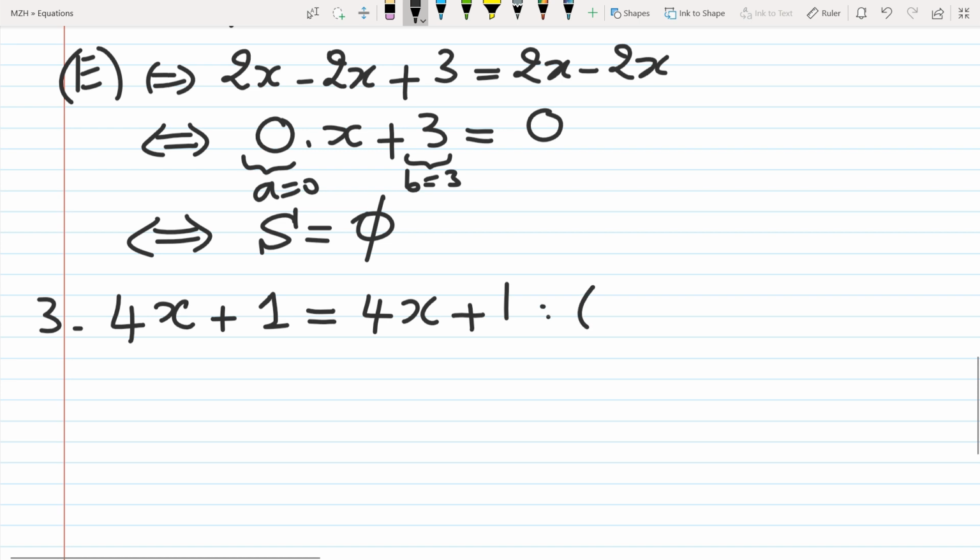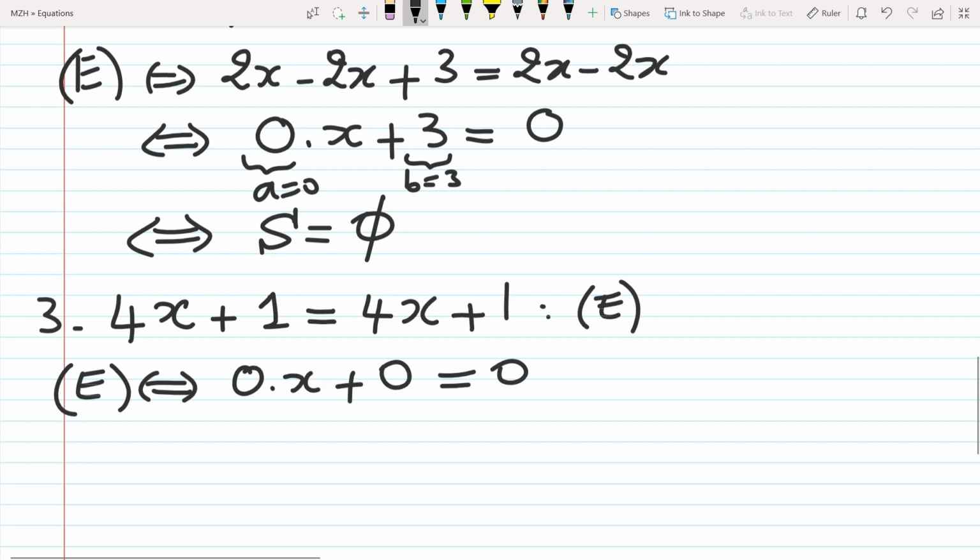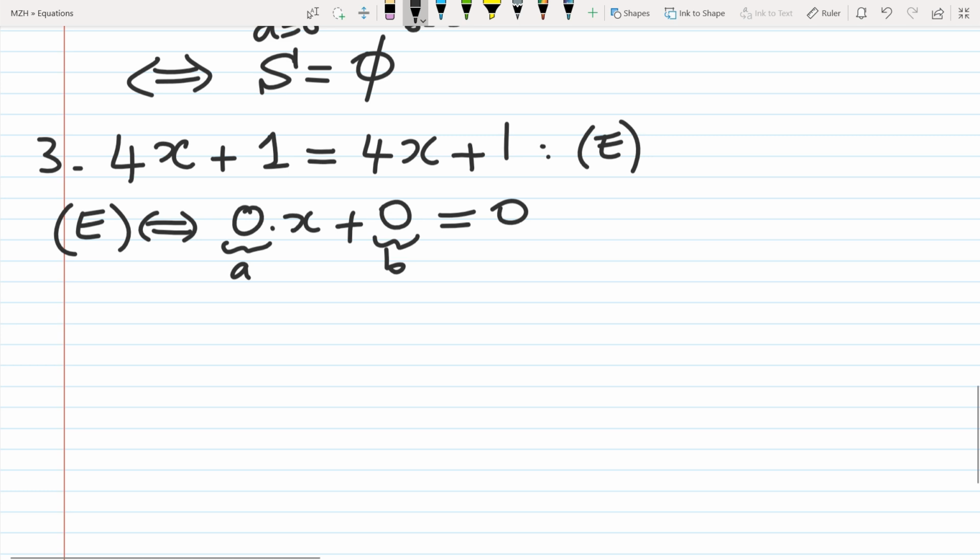And if we name this E, you can clearly work it out and find that E is equivalent to 0 times x plus 0 is equal to 0. In this case, A and B are both equal to 0. And from there, as we saw before, all numbers satisfy this equation, and therefore the set of solutions is all the real numbers.